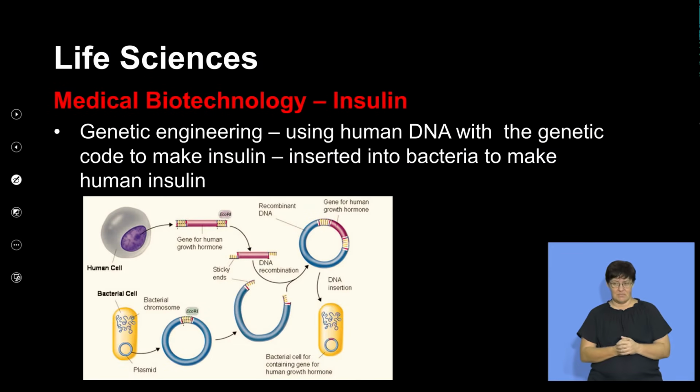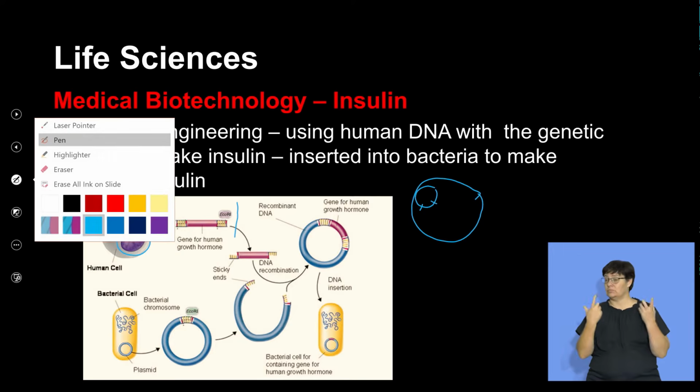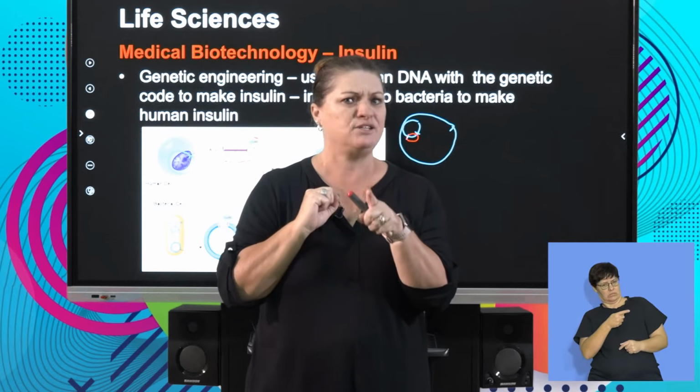This is called genetic engineering. So we take a human cell over here and we cut out the gene to make insulin. So what do we use? We take a bacteria, and in the bacteria cell, they've got a little round piece of DNA, and we cut it. So it's easy, it's cut and paste. We cut it out, and we stick in this gene over here. So you see that red? I put it into the bacteria. All of a sudden, the bacteria has got the gene to say, I need to make human insulin.